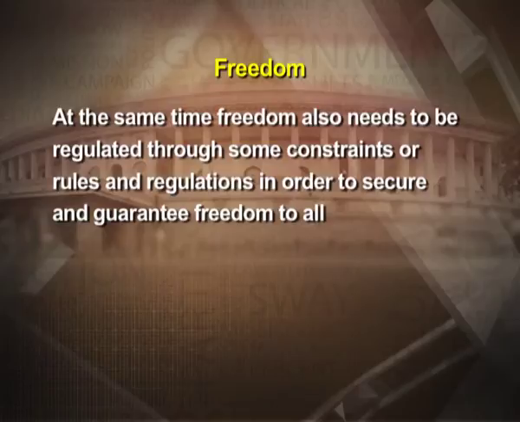So far we have discussed that freedom means no constraints, and it also means giving people opportunity to grow their capabilities. But at the same time, freedom also needs to be regulated through some constraints, rules or regulations, in order to secure and guarantee freedom to everybody in society.